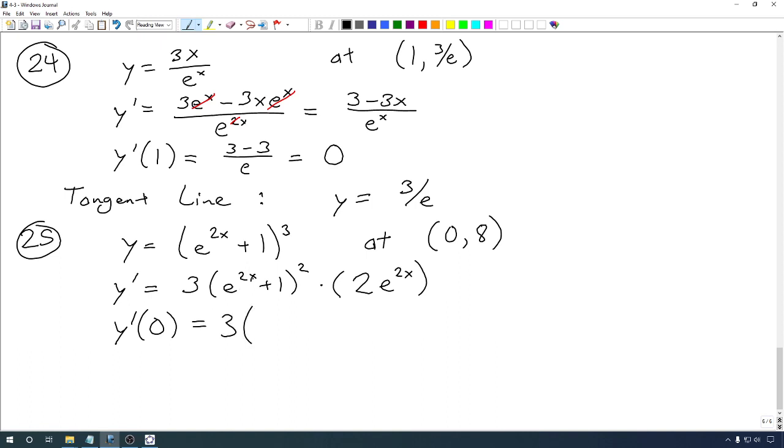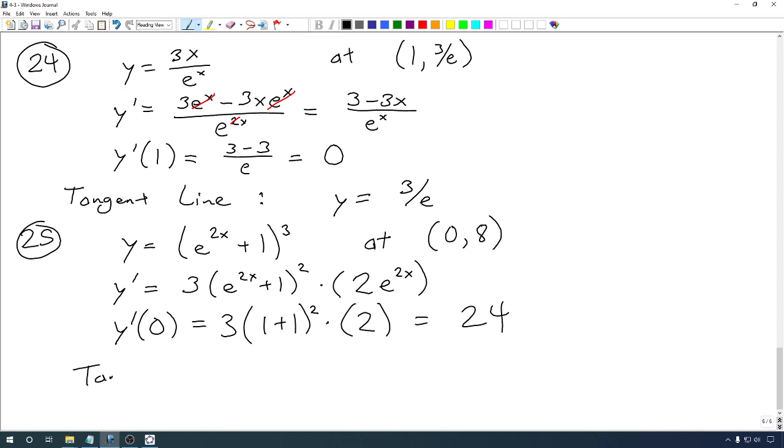Here, remember, e to the 0 power is a 1. Then we still have the 2 here, and again, e to the 0 power is 1. So we have a 3, we have this is 4 when we square the 2, and a 2. So we get a slope of 24 when we multiply all that together.